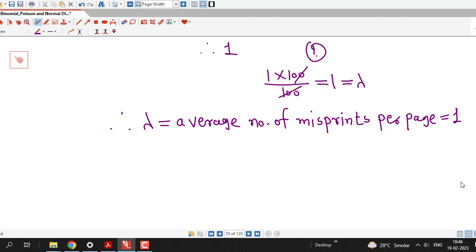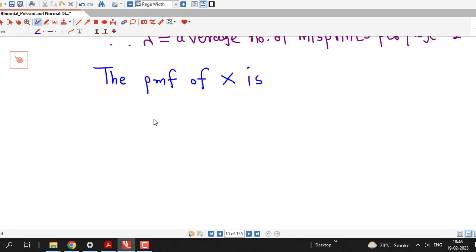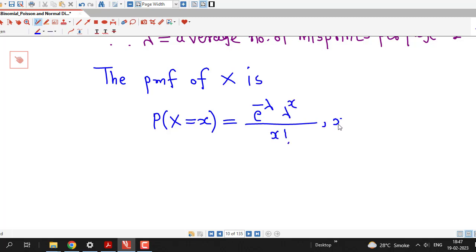Now once we have the value of lambda, we can write down the probability mass function of the Poisson random variable X. The probability mass function is given by probability that capital X equals x is equal to e raised to minus lambda, lambda raised to x, divided by x factorial, where x is 0, 1, 2 and so on.